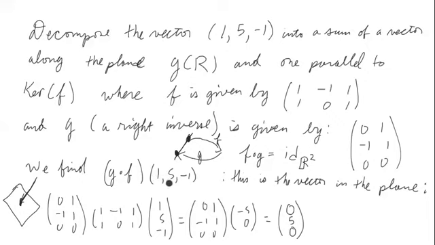So we start with a point in R3, and we say this point is on one of these fibers, and this process tells me what point is on the plane. In doing this, I see that (0, 5, 0) is on the plane, and (1, 5, -1) is off the plane, but they're on a line that's parallel to the kernel of F. That's what we just discovered, because they're in the same fiber, and this happens to be on that plane.